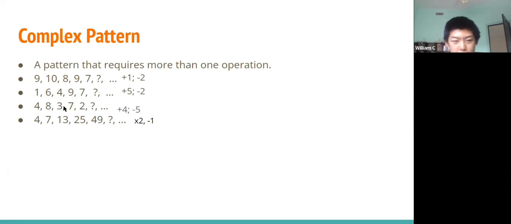It's plus 4 minus 5. And in the last case, we multiply by 2 and subtract 1 every time. This is kind of special, so 4 times 2 equals 8, subtracting 1 equals 7, 7 times 2 equals 14, when you subtract 1 it equals 13, and so on.